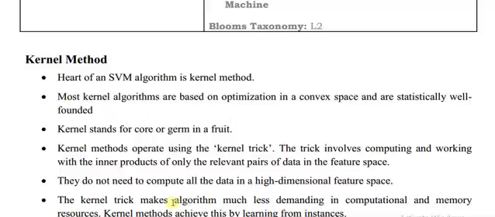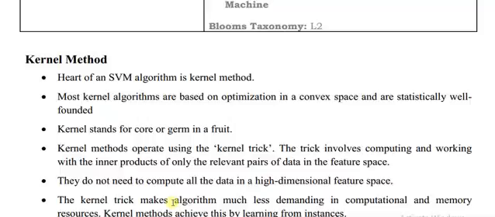Kernel methods achieve this by learning from instances. Since the kernel trick uses only relevant pairs of data, the computation demand is very low and less memory resource is needed. So kernel methods are a type of instance based learning.